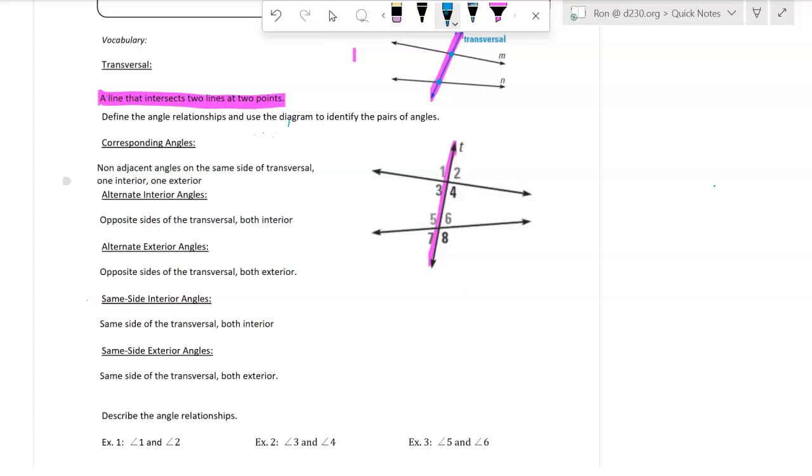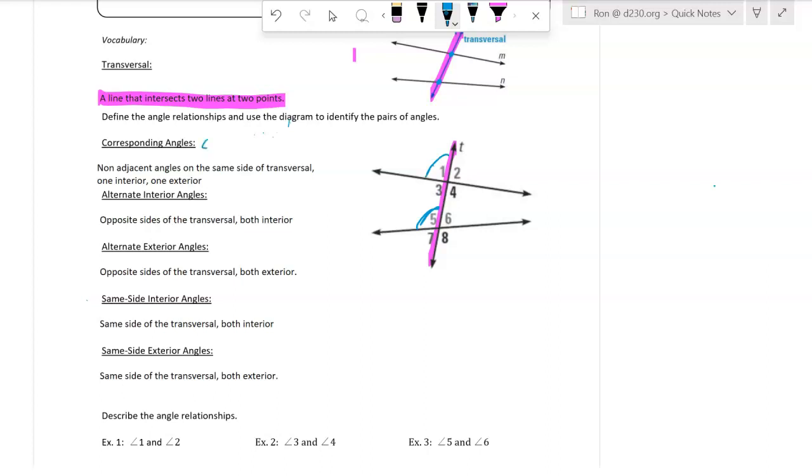What angles do you think those would be? Well, if I go to the left side of the transversal here, non-adjacent means they can't touch each other. So if I go to the interior angle 5, what angle is exterior and on the same side and doesn't touch it? It's angle 1.